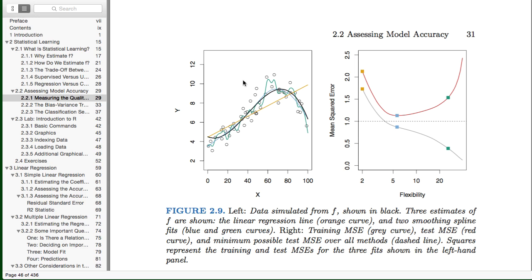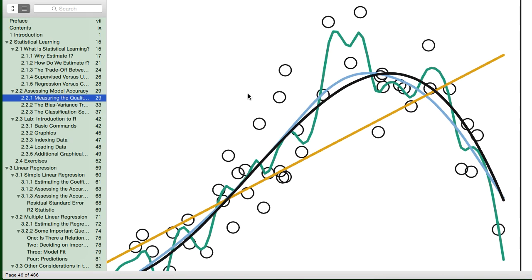And you can use several methods, several different kinds of machines, to relate x to y in this case. There are three machines illustrated here. The first one, the mustard-colored one, I guess they call it orange. Let me zoom in on this so we can get a better look.